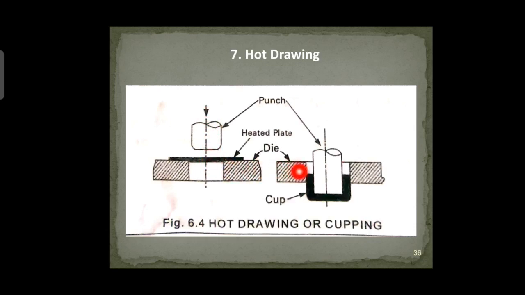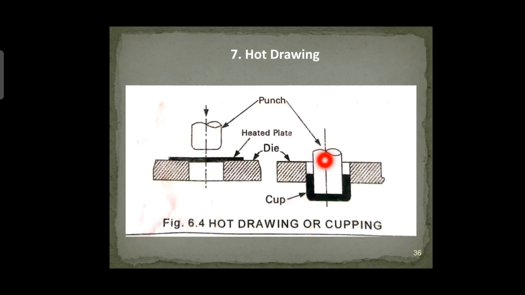You can see how the cup shape is formed here. We call it the drawing process or cupping process, where it is used to produce tube forms of shapes, or thick walled cylinder type of articles. So this is a better suitable one. Whatever thickness is required, according to that the punches can be used here.